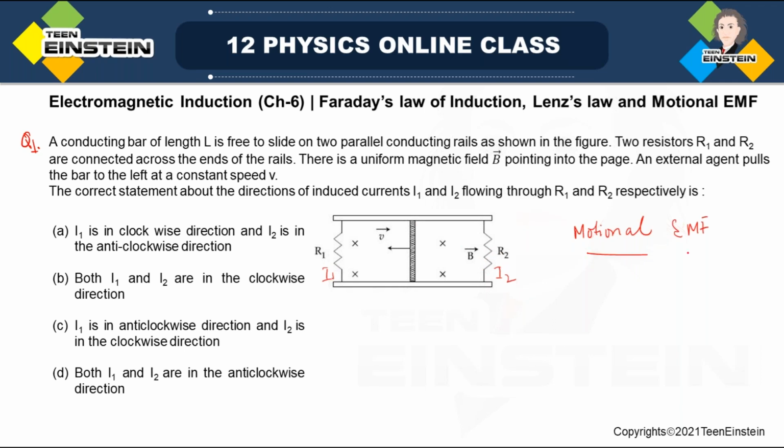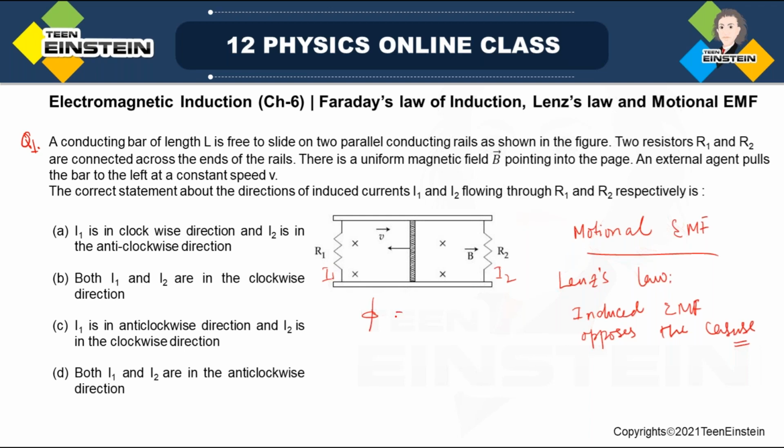So as you know from Lenz's law, the induced EMF will be such that it opposes the cause. That means, look here, how does the change in flux happen in this case? As you move this conducting bar, how does the flux change?